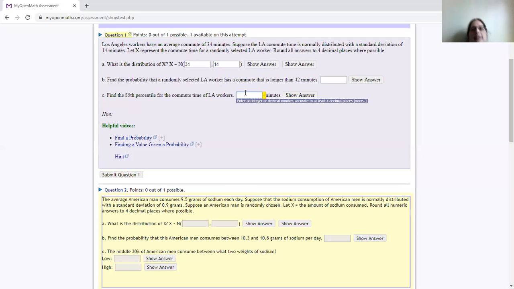Now for part C, it says find the 85th percentile for commute times of Los Angeles workers.